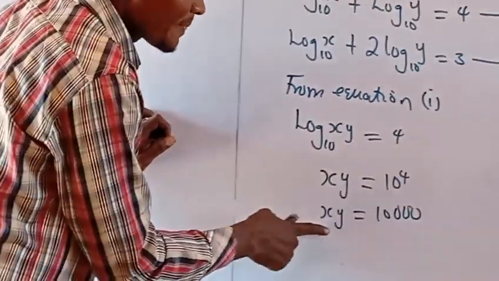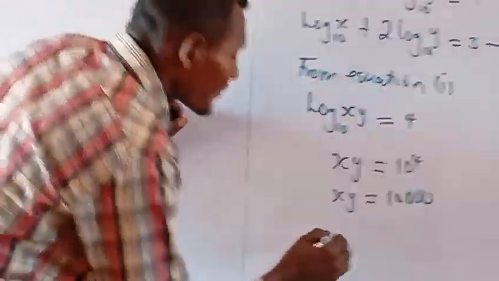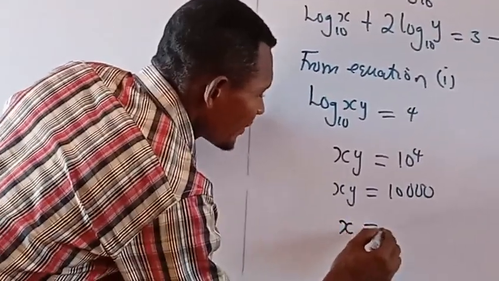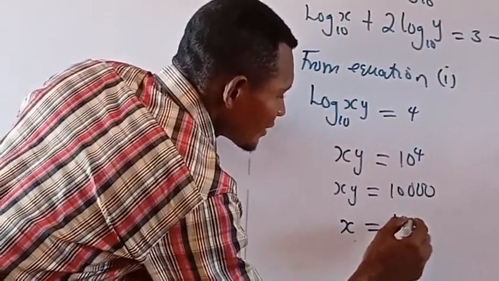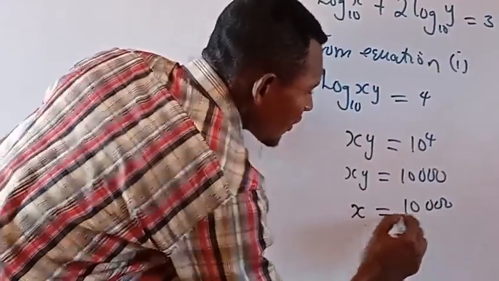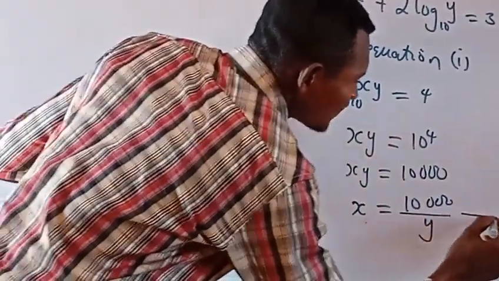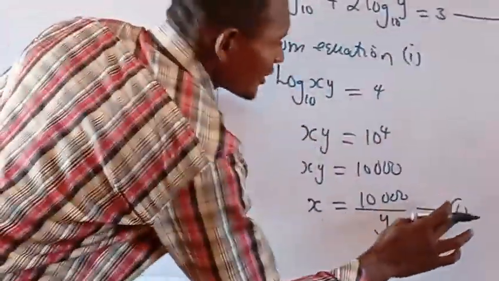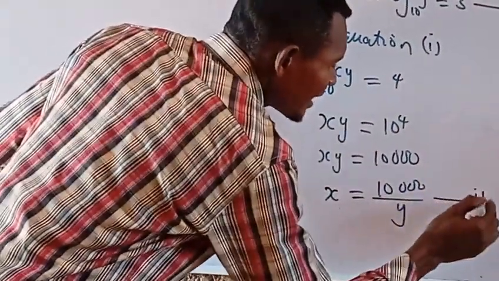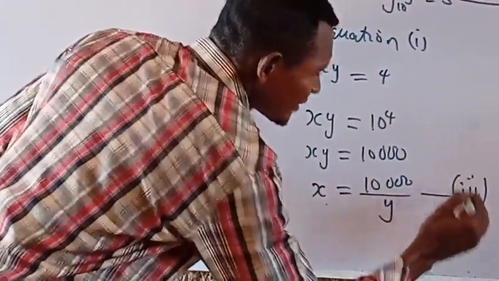So now making x the subject of the formula, we can say that x will be equal to 10,000 over y, and this will be equation 3. Let's label this one as equation 3.